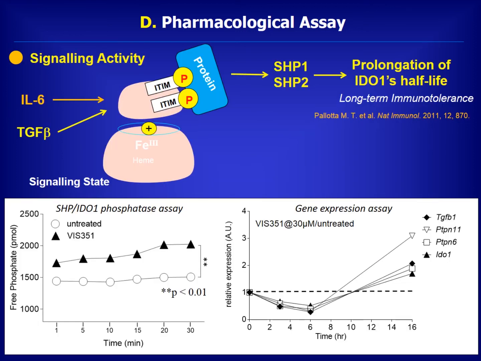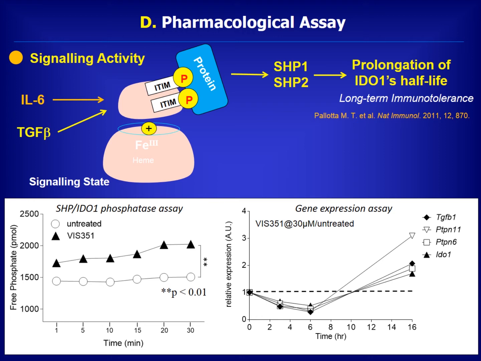Now, to further investigate this aspect, we designed a signaling activity assay to better capture this effect. As we have seen before, the enzyme has this ITIM motif localized at the level of the small domain that upon phosphorylation is able to recruit SHP phosphatase and then induce long-term immunotolerance.